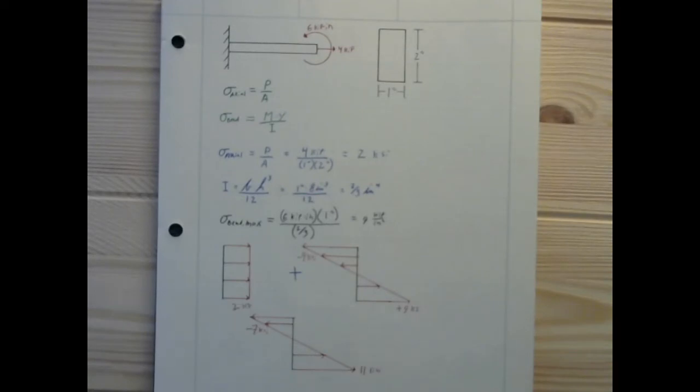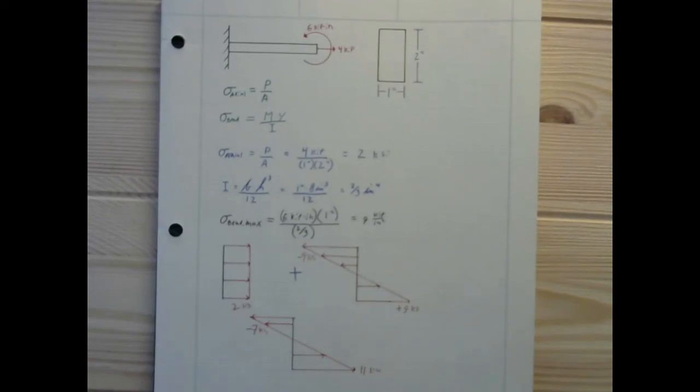You may recall when we did concrete and composite materials that not everything behaves the same in tension as it does in compression, and so the location of the neutral axis now is going to be even trickier than it was at that time.